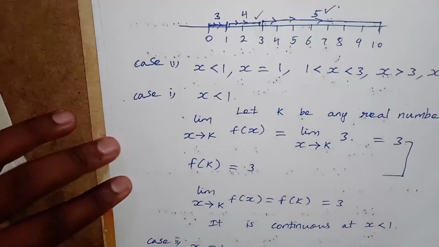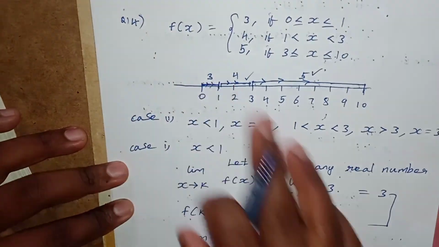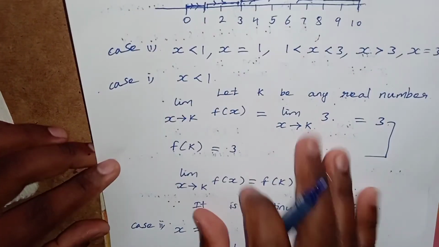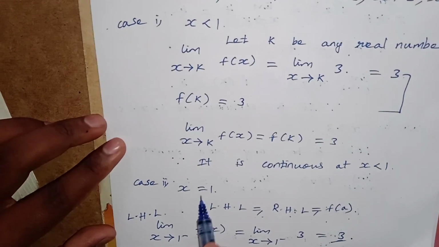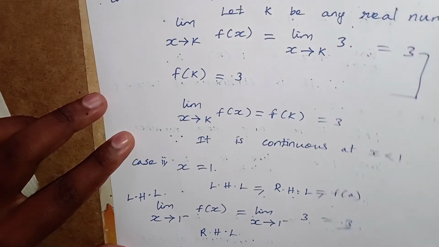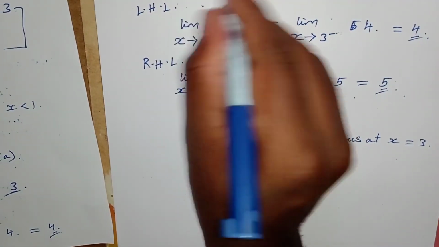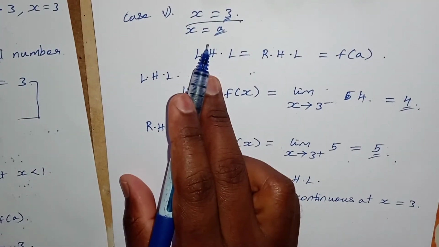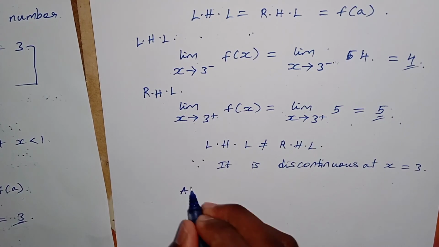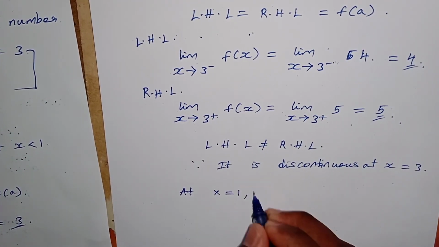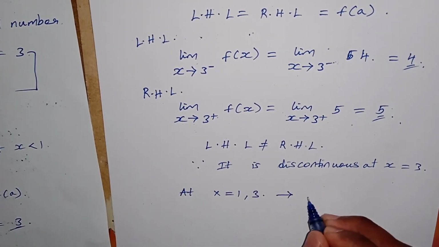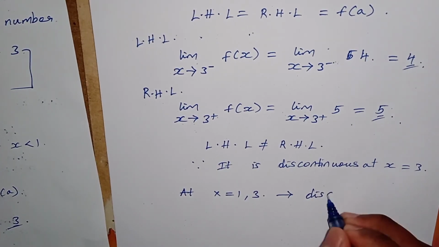Here in question number 14, at 2 points, x is equal to 1 and x is equal to 3, it is discontinuous.